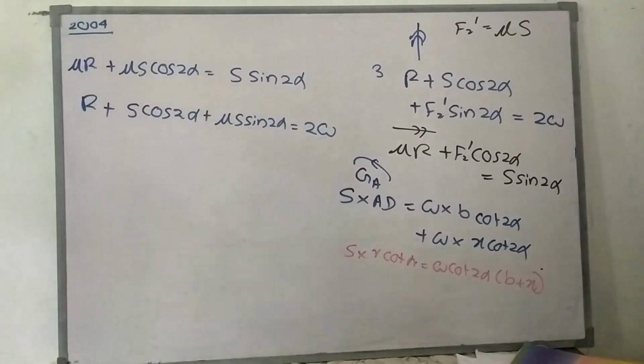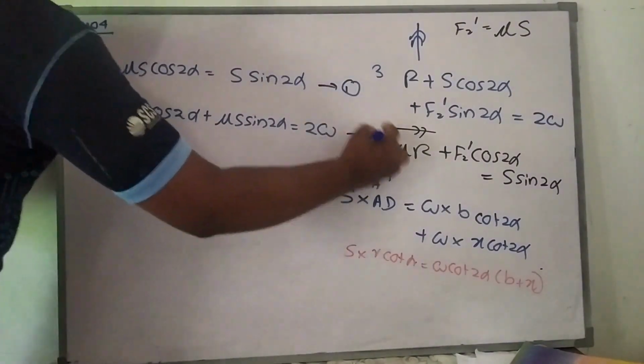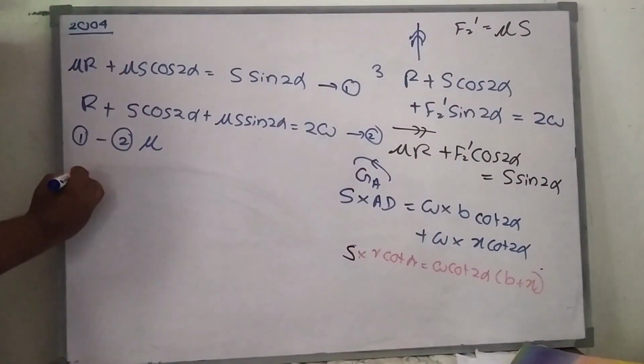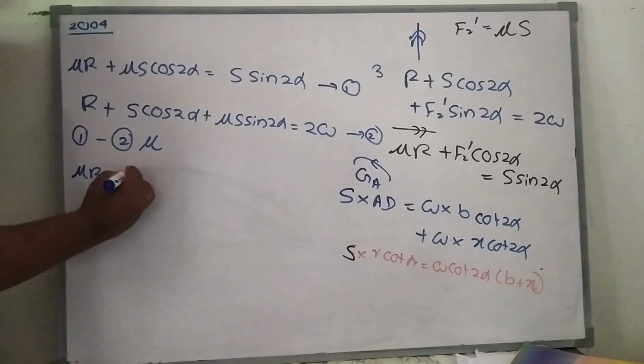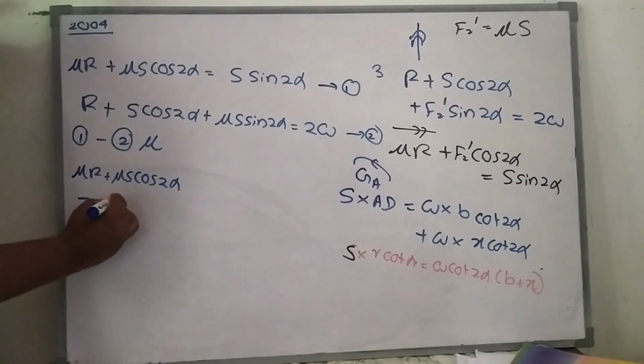R plus S cos 2 alpha plus mu S sin 2 alpha equals W. Now I subtract the first equation from the second equation multiplied by mu.